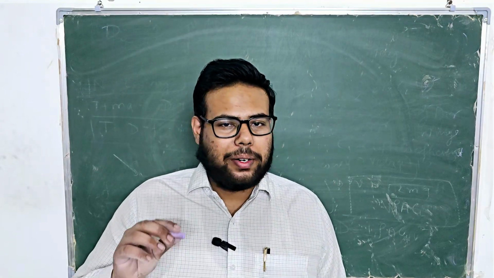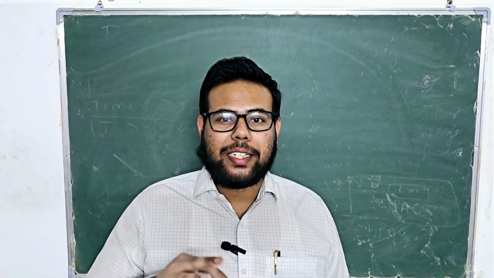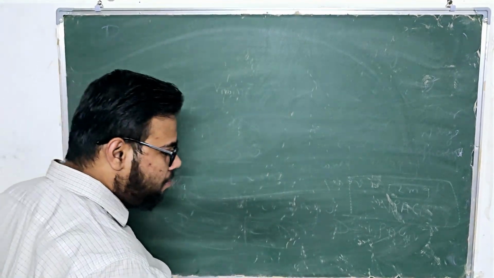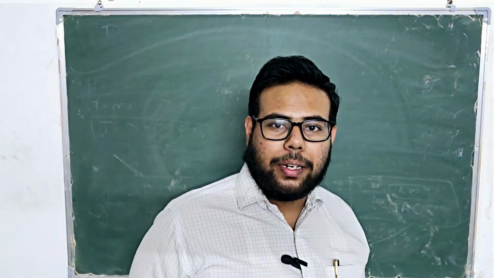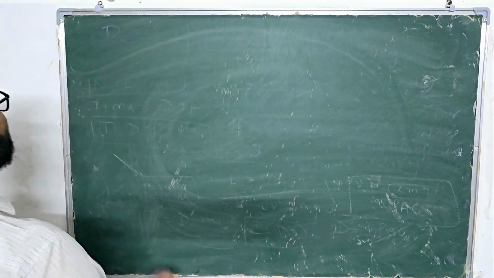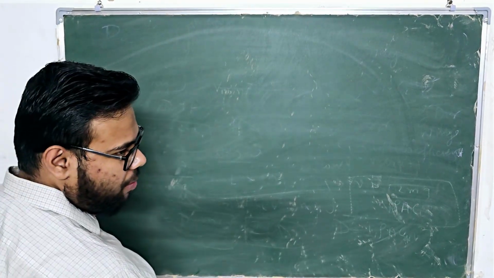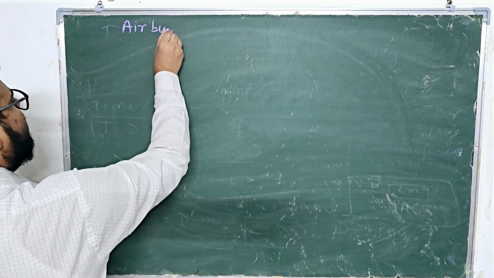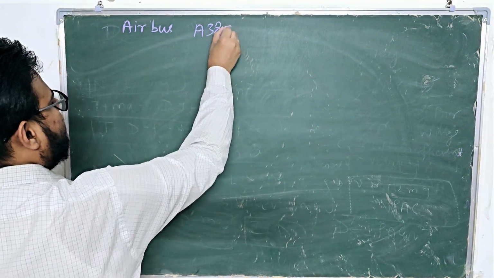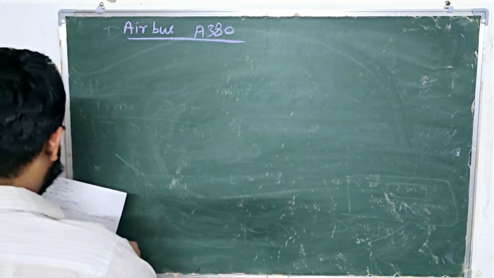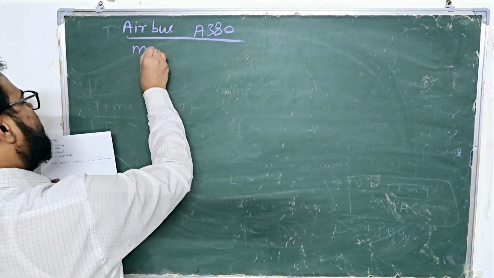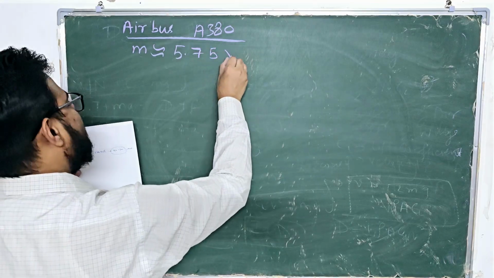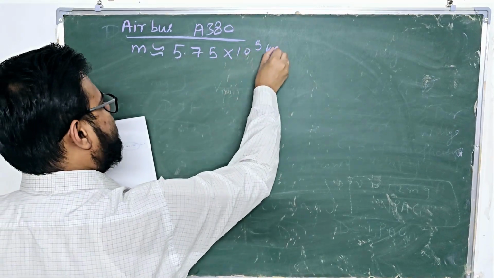You all must have heard about an airplane called the Airbus A380, and it was one of the largest passenger planes, if you know it. So let's calculate the minimum velocity required for takeoff for that plane. I have got the data for its mass. Its mass is approximately 5.75 times 10 raised to the power 5 kg.